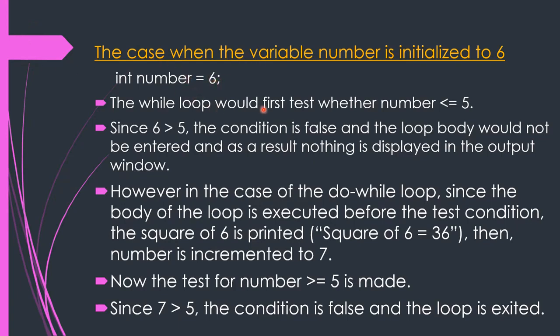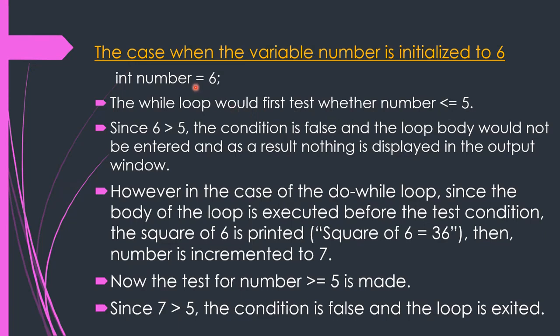The while loop would first test whether number is less than or equal to 5, because in while loop the test condition is evaluated first. So here in while loop, first of all it will be tested whether the number is less than or equal to 5, because this is the test condition, so it will be evaluated first.